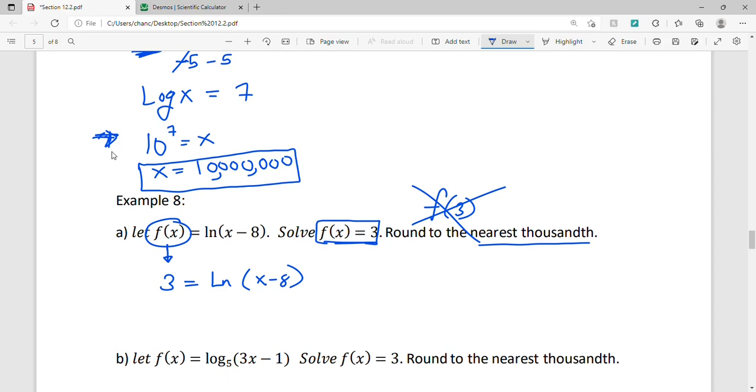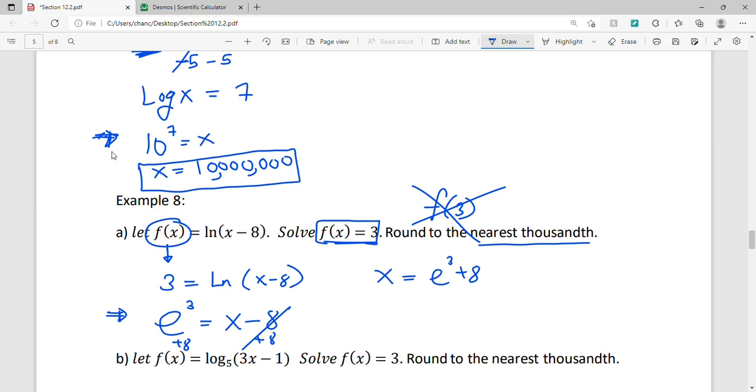To do that, we'll translate this into exponential form. What's the base? The base is e. So we'll rewrite this as e cubed equals x minus 8. To solve for x, we'll add 8 to both sides. And x is equal to e cubed plus 8.